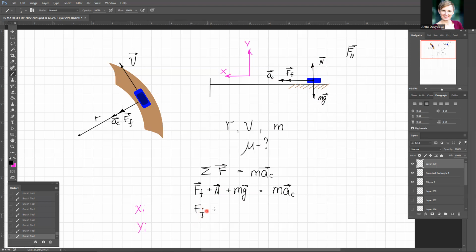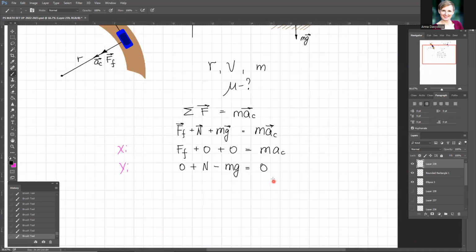F friction, I'll put 0 instead of normal force, I'll put 0 instead of mg, equals m AC. For the y components, AC is 0, friction is 0, and mg pointing different directions. Okay, normal is positive, mg negative, that's 0.